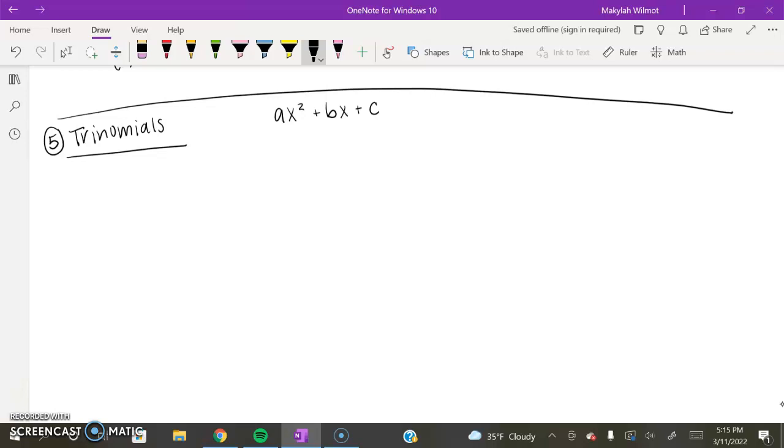Let's write this problem: 3x squared minus 19x plus 20.